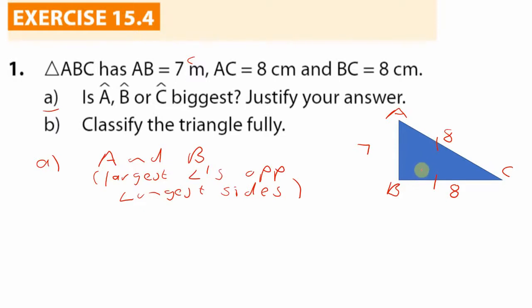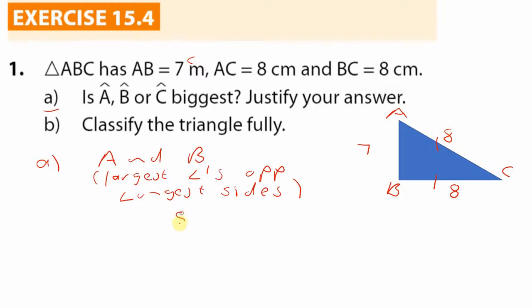Now the thing is, we have to compare the longest side squared to the sum of the two shortest sides squared. So now the problem is we have two longest sides. Let's just use one of them.